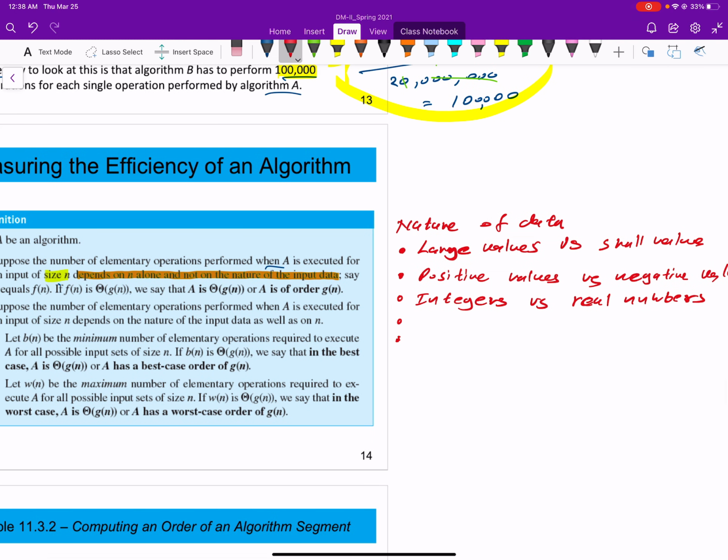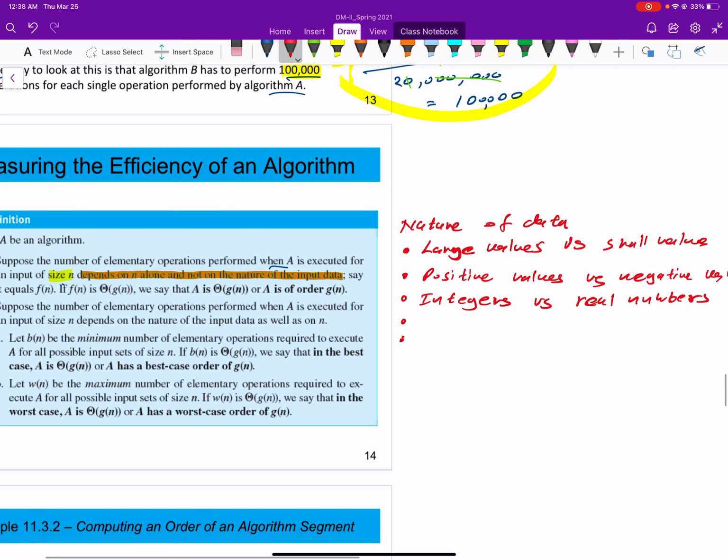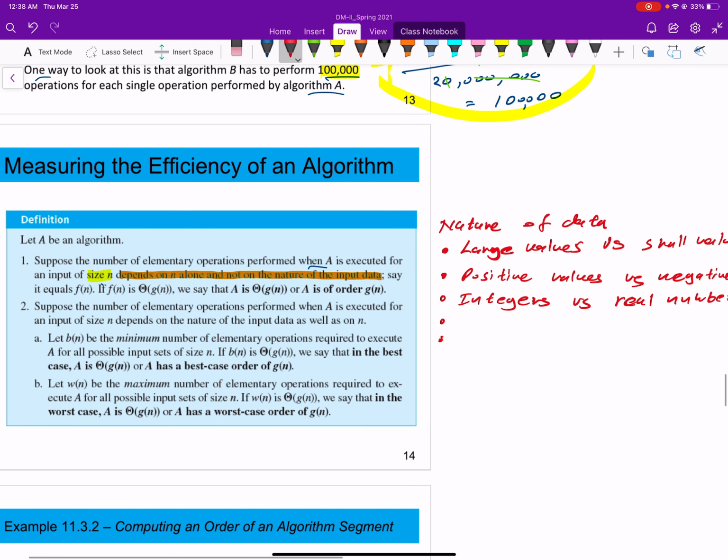So we do not care about the nature of the data, we only care about the input size. Then it equals f of n. If f of n is theta of g of n, we say that A is theta of g of n.